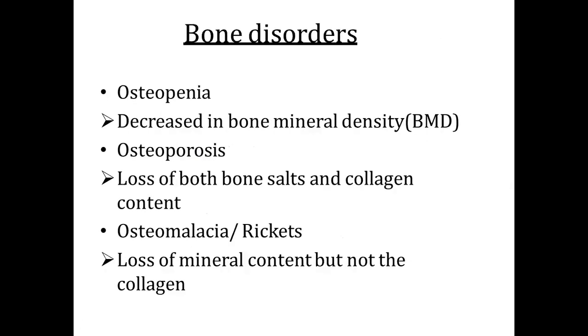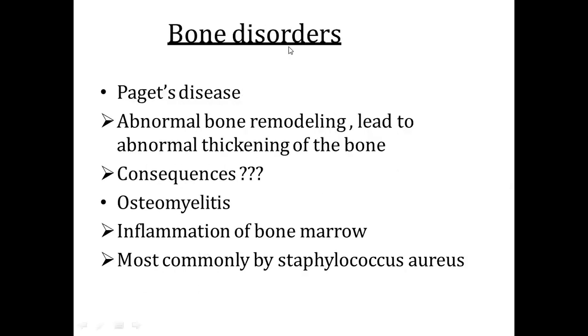Then the bone disorders. A decrease in bone mineral density is called osteopenia. Osteoporosis is loss of both bone salts and collagen content. Osteomalacia, or rickets in children, is loss of mineral content but not the collagen. Then bone disorders, Paget's disease: abnormal bone remodeling leads to abnormal thickening of the bone.